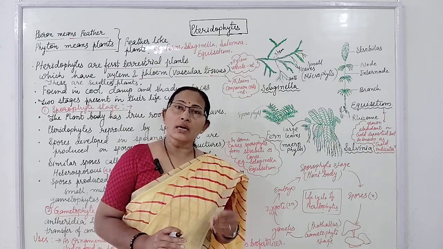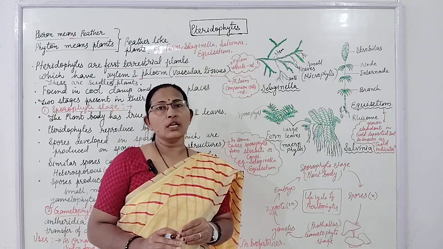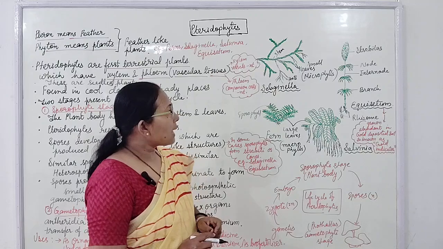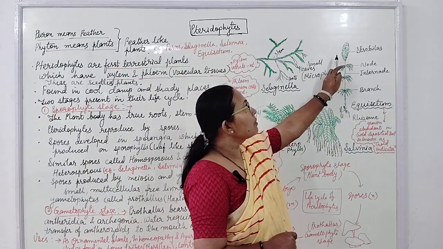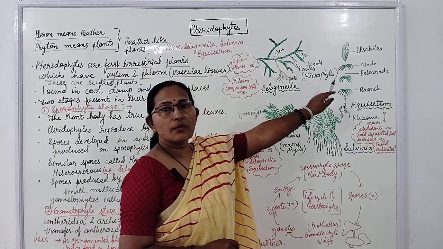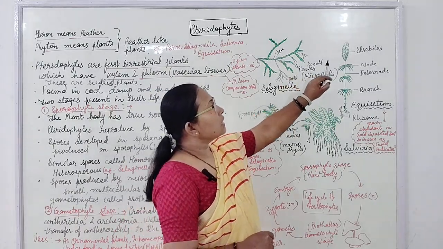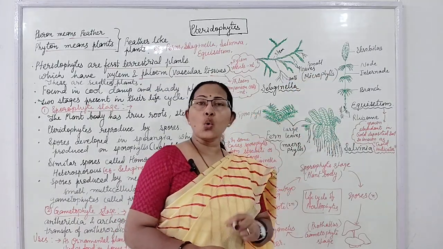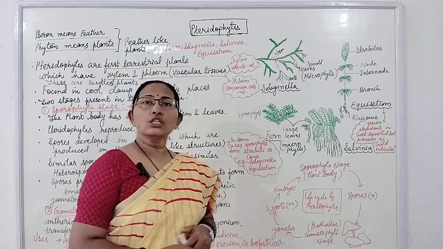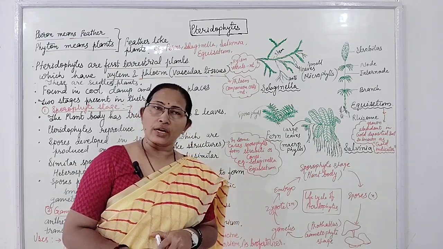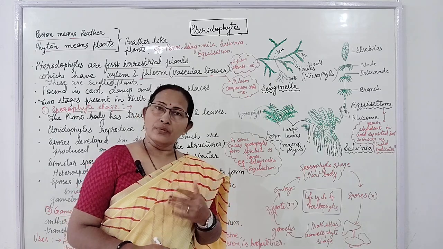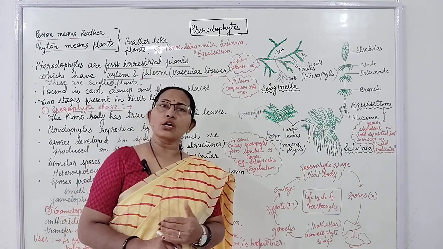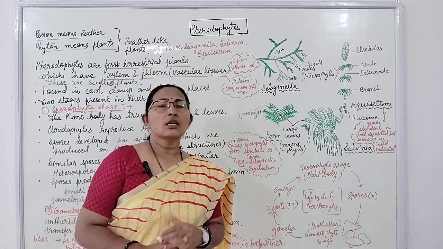Sometimes spores develop in strobili or cones, as we see in Equisetum. Spores develop inside the strobilus, which is a cone-shaped structure. Spores which develop in the sporangia or on the strobili may be of similar size or of dissimilar size.